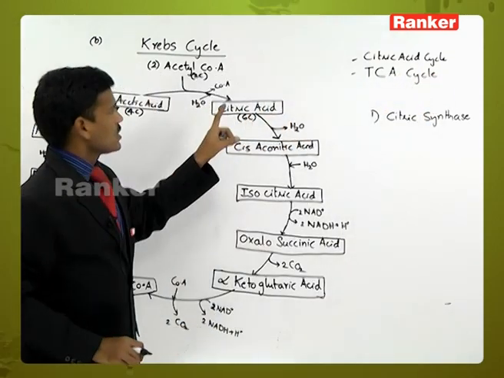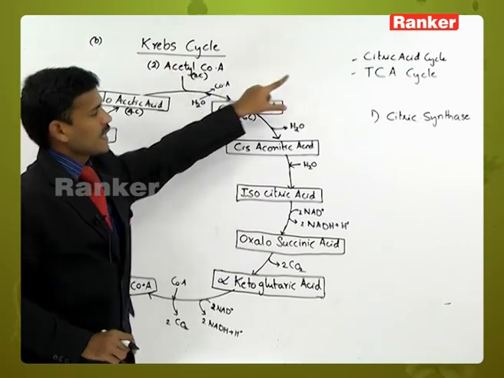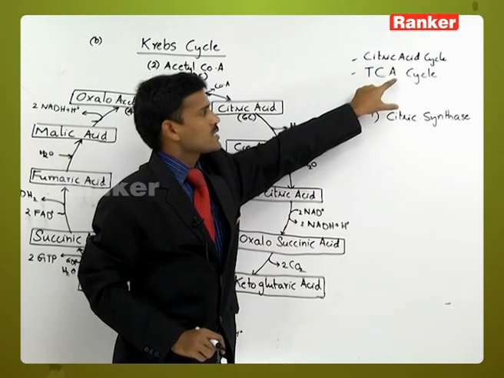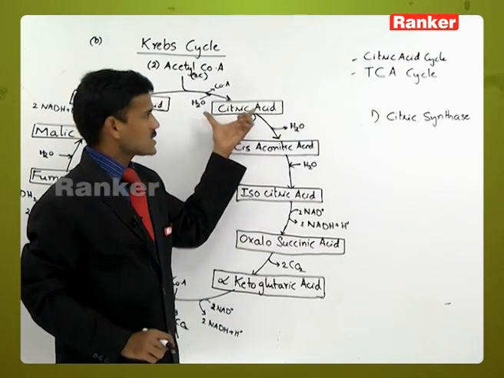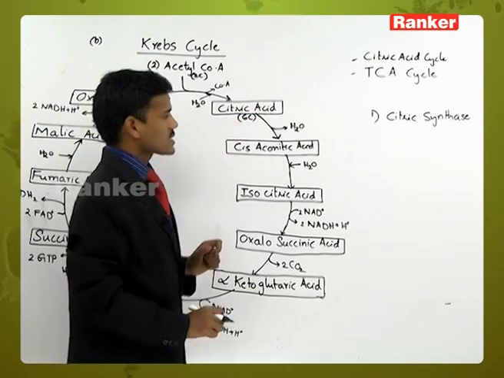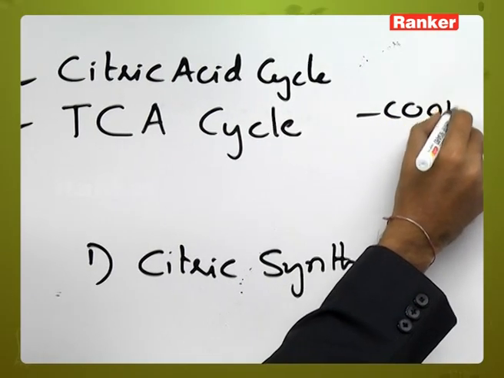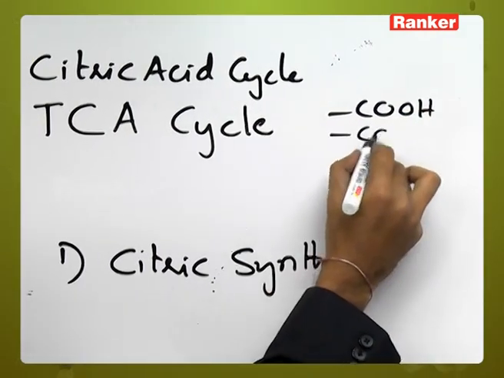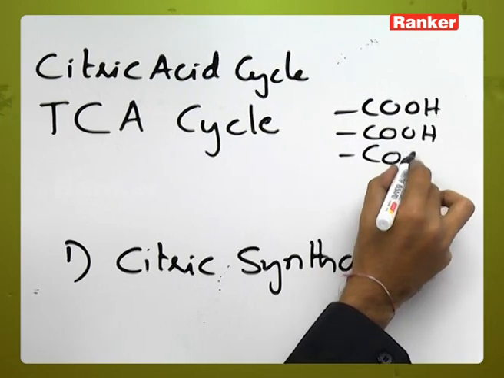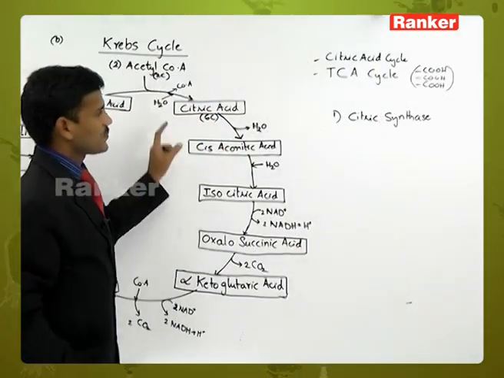Here the Krebs cycle is also called the TCA cycle, tricarboxylic acid. Citric acid is also known as tricarboxylic acid, having 3 carboxylic groups. So, the tricarboxylic acid cycle.